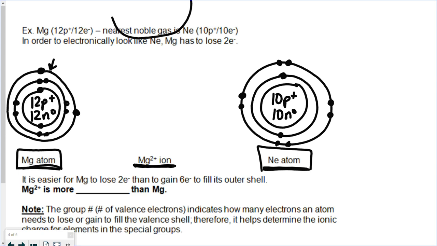So right now it has 2. So even though this is a weird way of thinking of it, is it easier to find 6 more or to boot off 2 of them? And so numbers wise, it's going to be easier to get rid of 2 electrons than try to find 6 electrons.